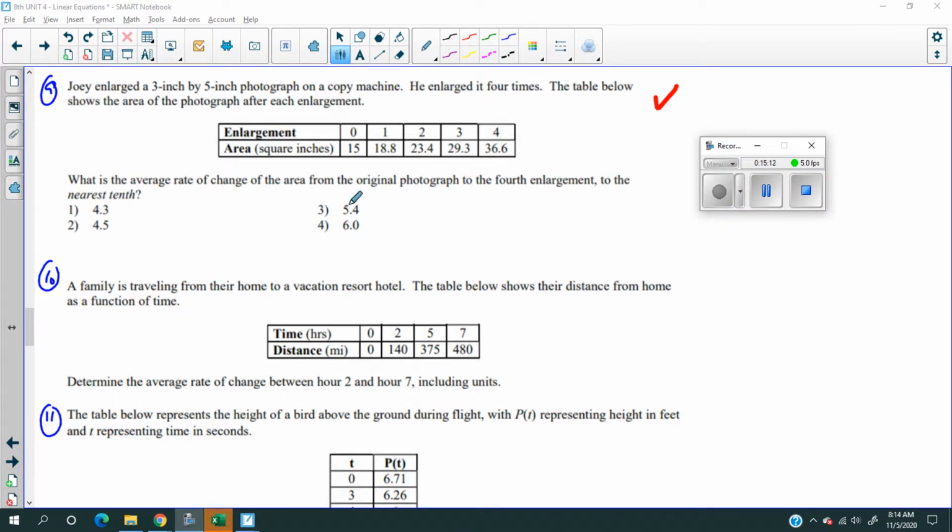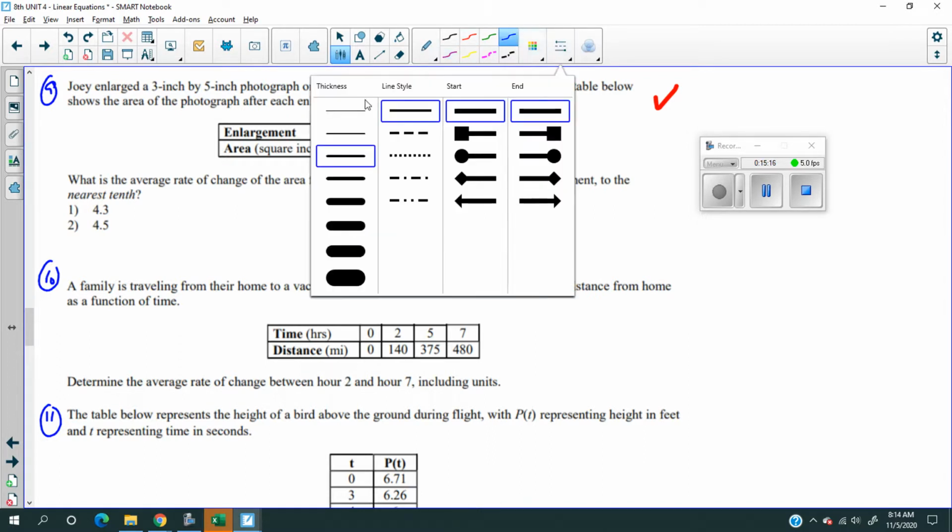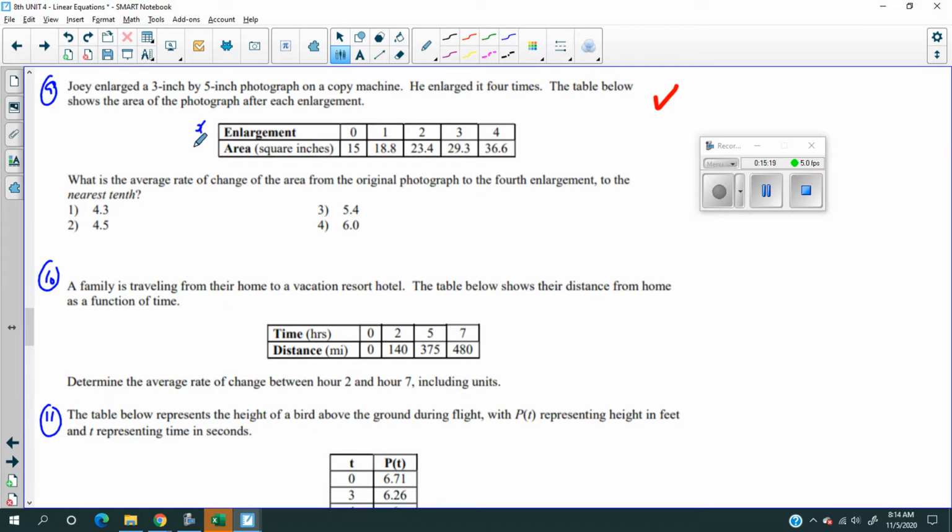Now, for this last one, the only thing I gotta add is the fact that this is x and this is y. The reason I thought to tell you this is because even on the 7th grade state exam, when you start seeing these tables and you have to find the unit rate, am I right? Remember how to find unit rate?